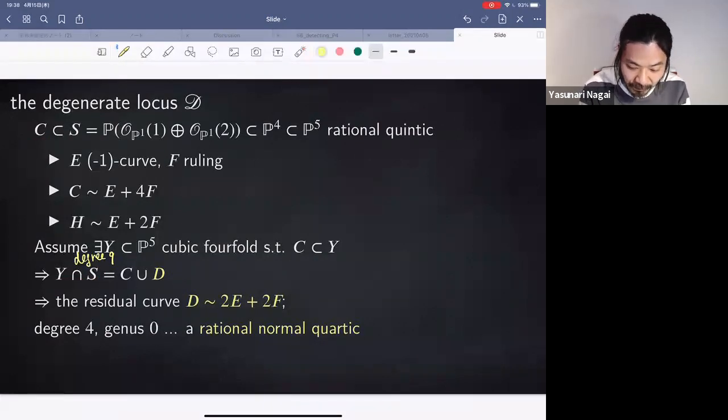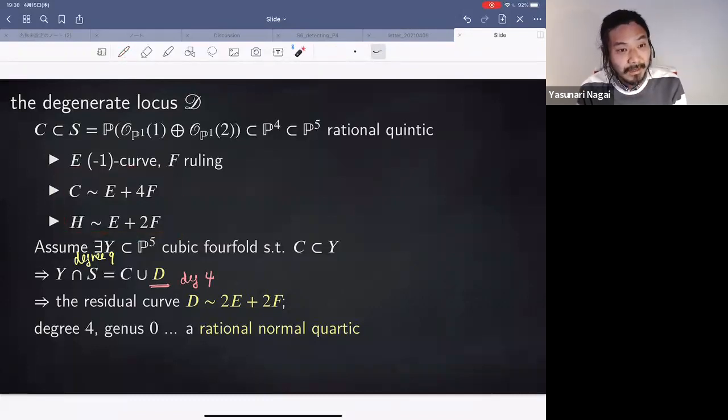So that means we get a residual of degree 4. And by this description of the curves in terms of divisors, we see that the residual curve D is in this system. And it is really straightforward to check that this curve has degree 4 and genus 0. So this is a rational normal quartic curve inside of P4.